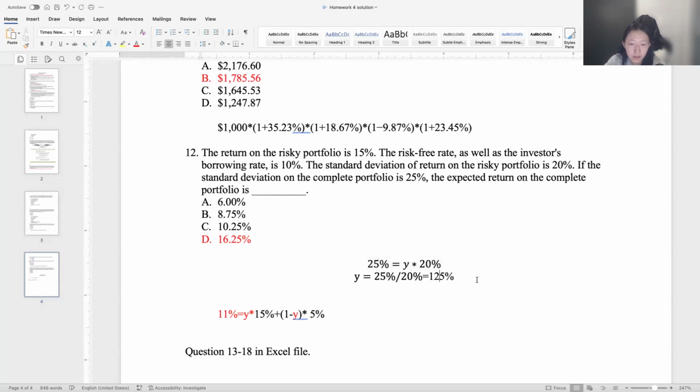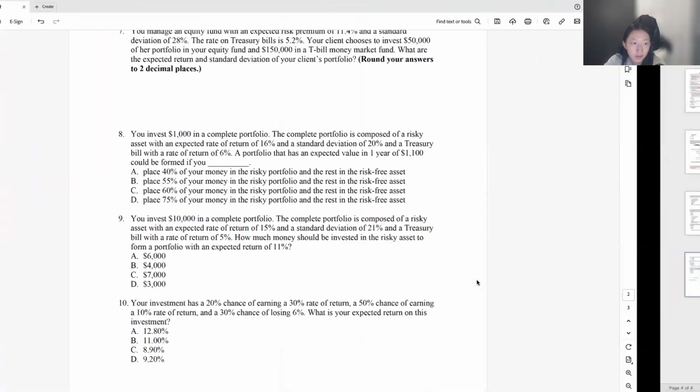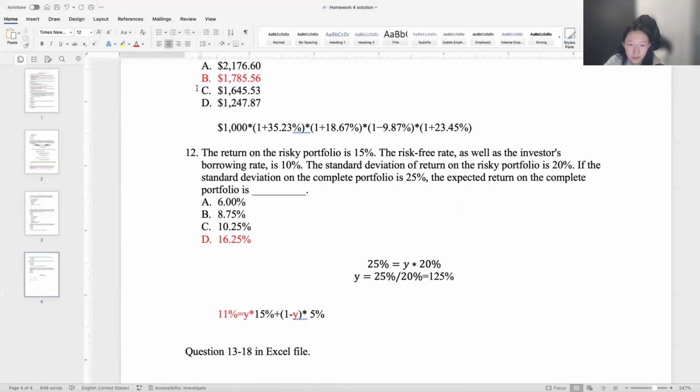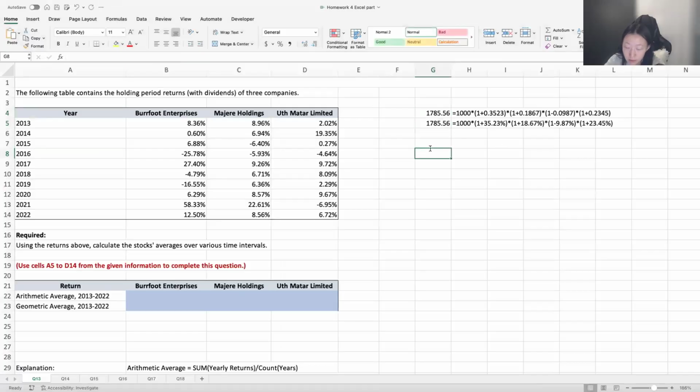Yeah, 125. So let me just double check. 0.25 divided by, oh, sorry, 0.25 divided by 0.2. Make sure it is correct here.